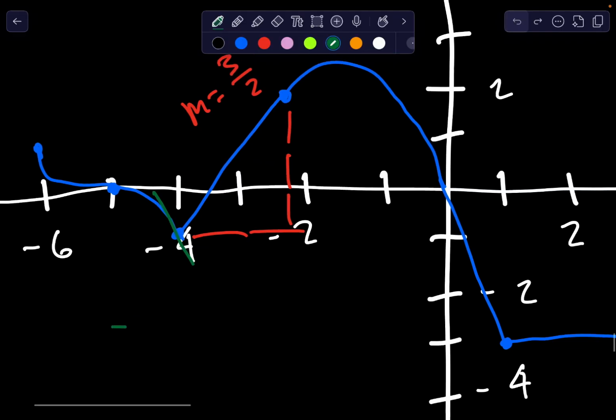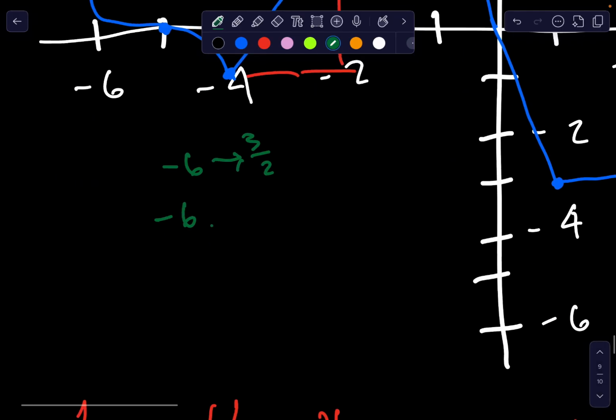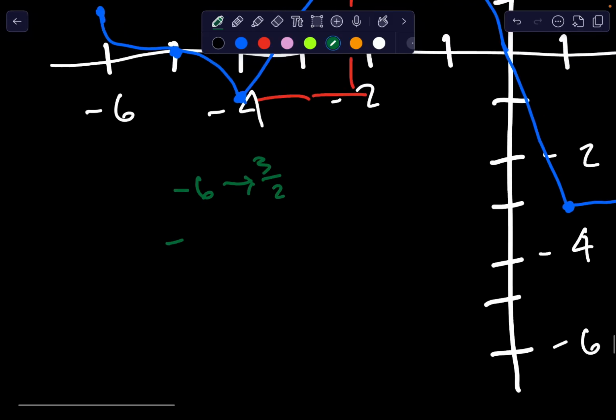We jump instantly to a slope of 3/2. Meaning we don't gradually go from -6 to -5.99, and then to eventually -5.89, and whatever. So it's not a smooth curve.